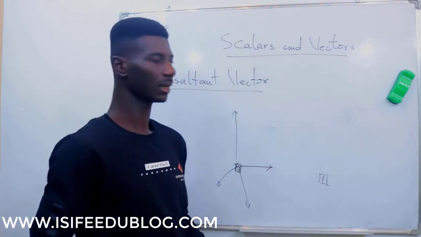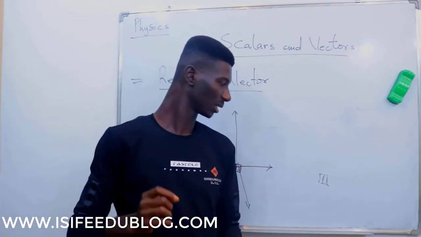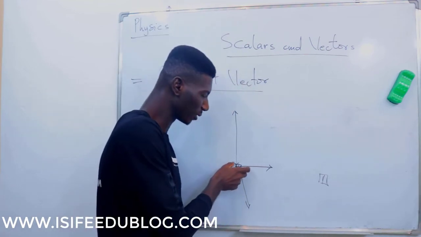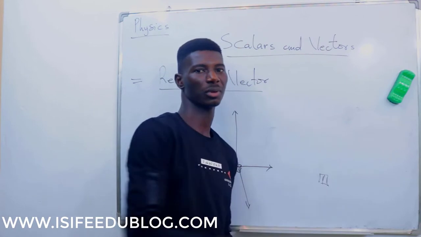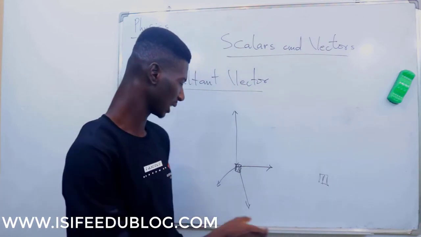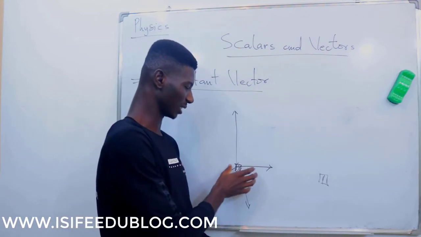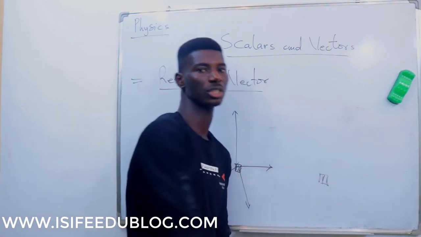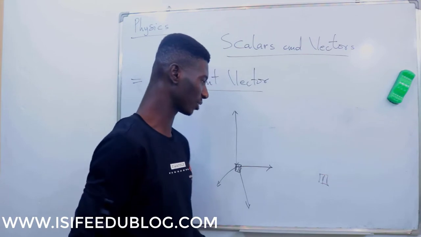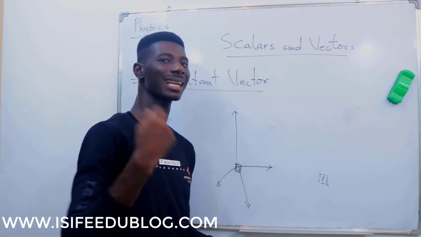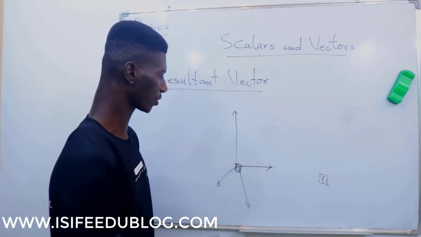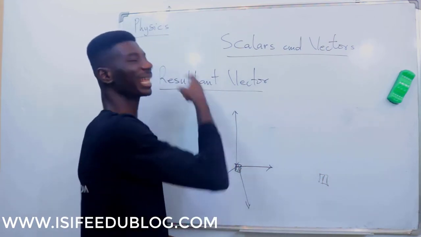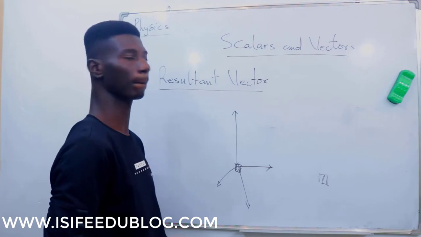Of course, there is a particular person, one person, that can also push this car from this point to this point. It is very possible. A single person can have the same effect that these 4 persons are having on this car. That single person with that same force is called the resultant person, since we are using person here.